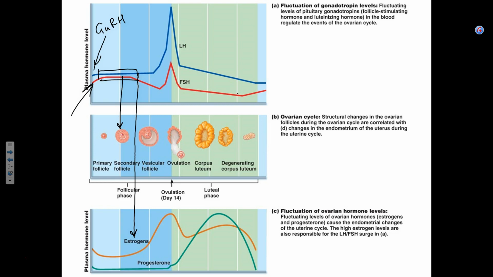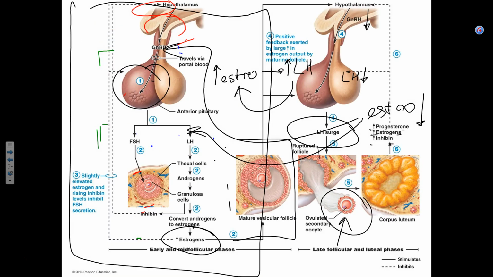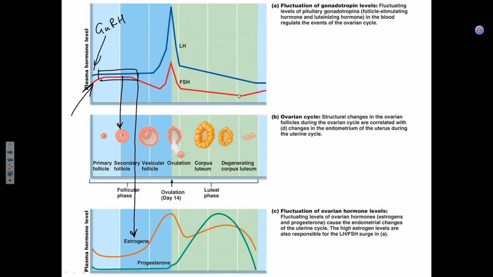Thecal cells that are found in where? In a follicle. So as follicle becomes bigger, what happens to the levels of estrogen?